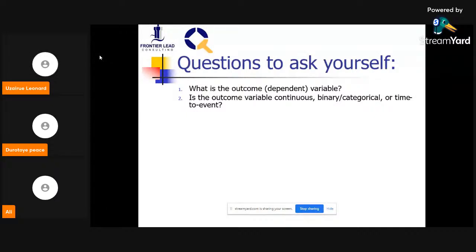Because the effect of sleeping under a mosquito net or having stagnant water directly impacts the malaria status of an individual, we therefore say that the malaria status is dependent on those other factors, while those other factors are independent of the malaria status. So I hope that is clear. Now, the second one is talking about continuous variable.